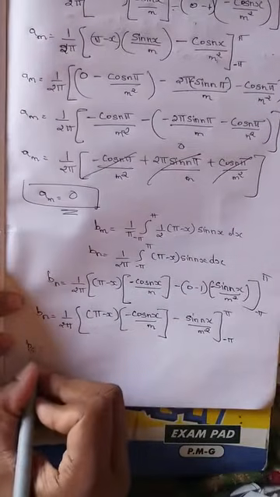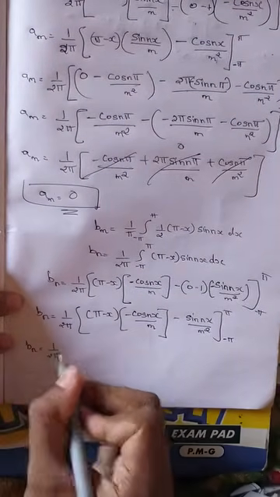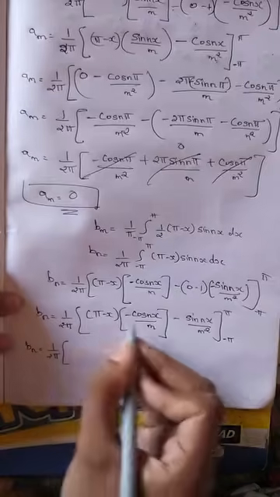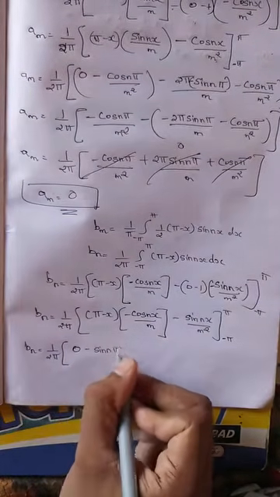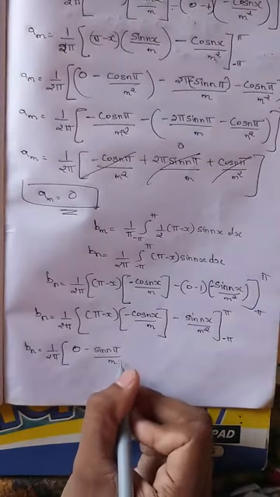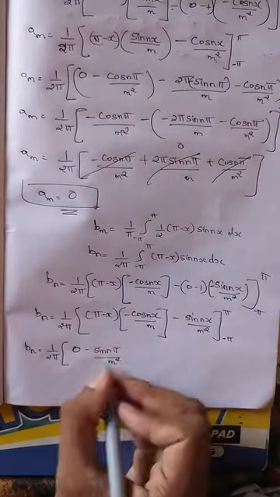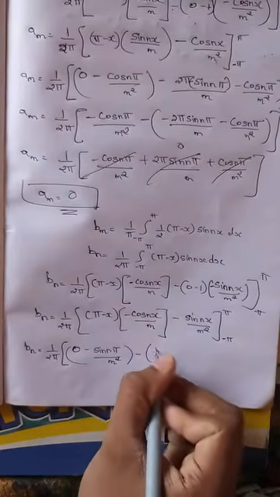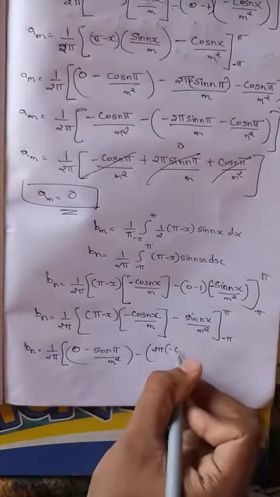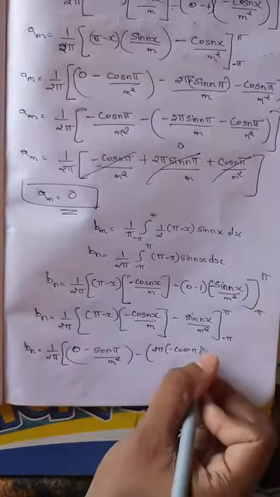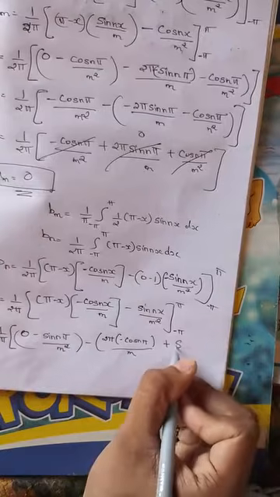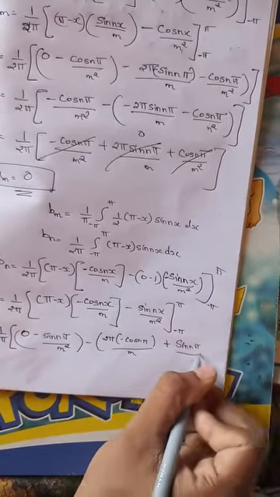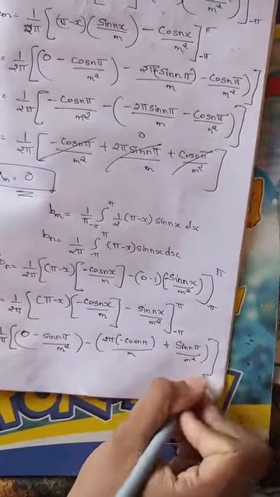So now let's substitute the limits first. So pi minus pi is 0, I'll directly write it: 0 minus sin n pi by n square, minus 2 pi minus cos n pi by n plus sin n pi by n square. Let's continue.